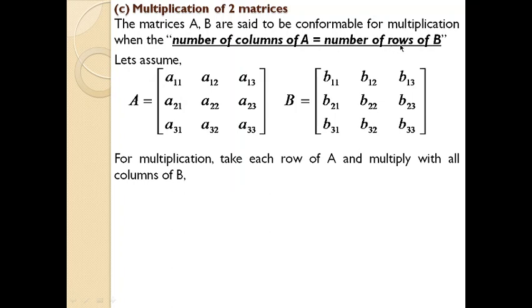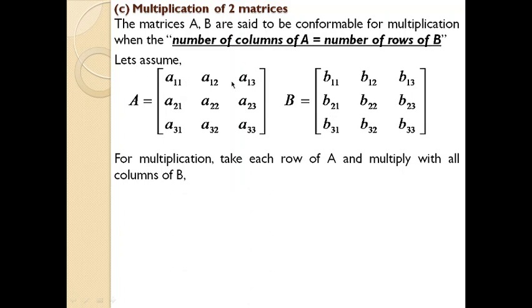And after that, the second rule is, whenever you are multiplying the first matrix with the second matrix, if you begin with the first row, you have to multiply the first row of the first matrix with all the columns of the second matrix. That is, the first row is multiplied first with the first column of the second matrix.